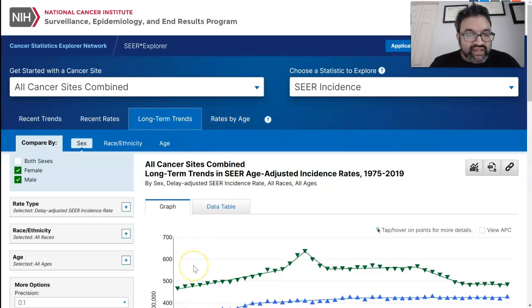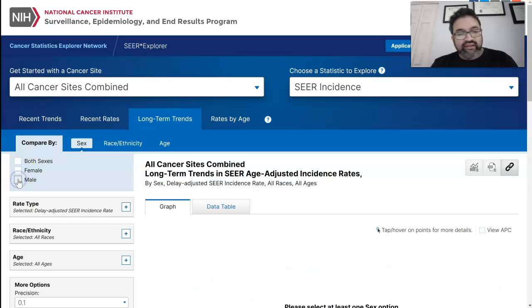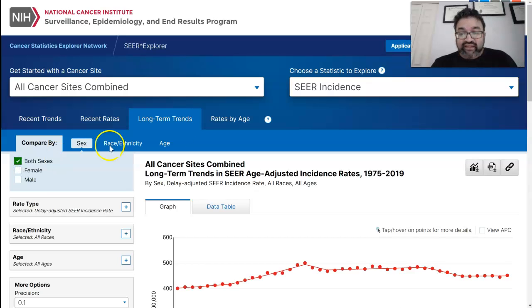Here's long-term trends. And you could actually stratify by male and female, or you could just do both sexes. So if you wanted to, instead of male and female, you just wanted to do both sexes, there we go. There's your number.